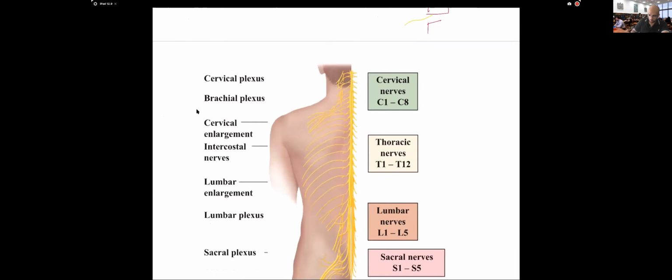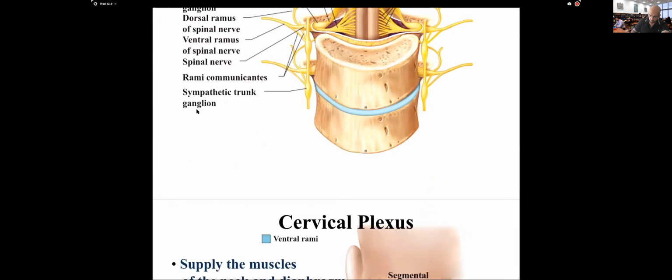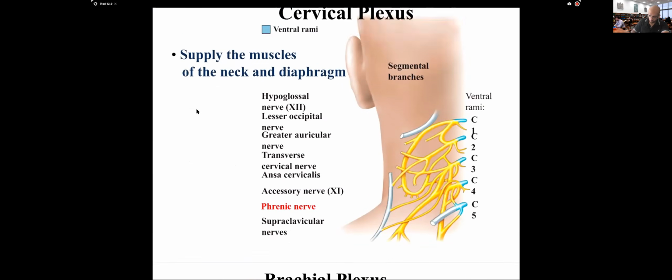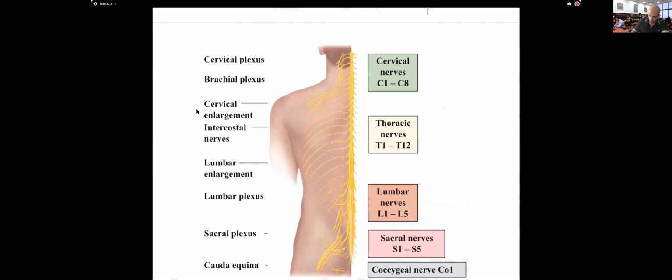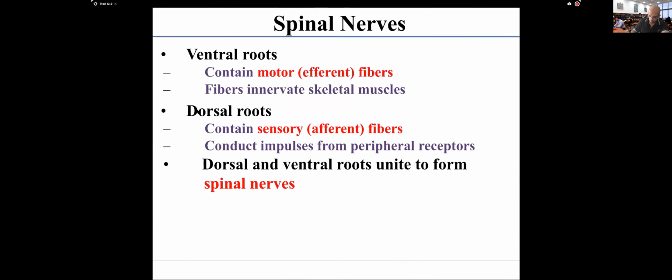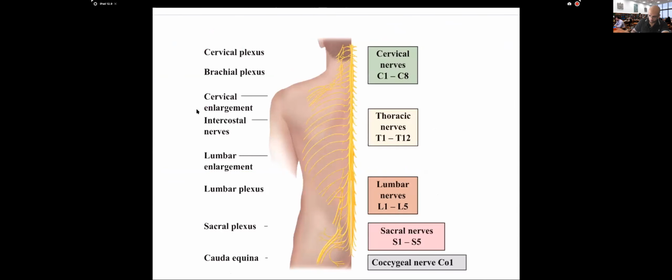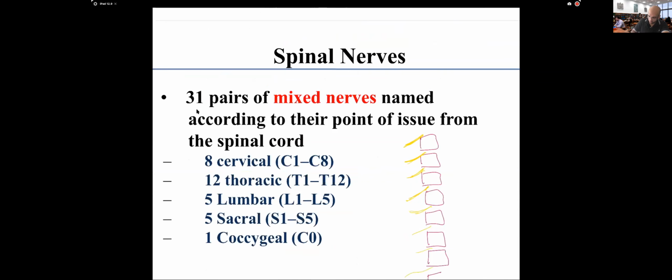All right, so you see on here, I want to show you. If this is C1, a vertebra, you've got the C1 nerve.